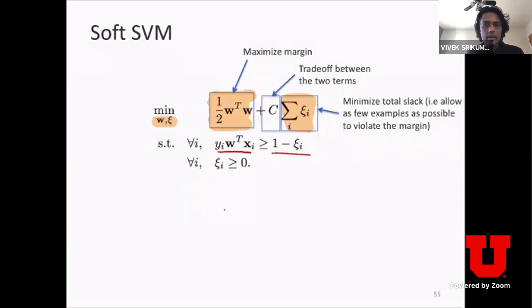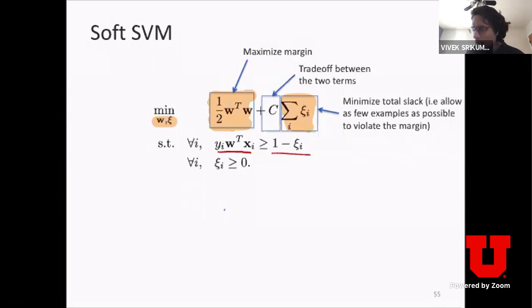Now, this problem is by itself completely well defined, and at this point, you can invent learning algorithms that directly solve this problem. In fact, this was the way in which SVMs were optimized till the late 90s, even mid 2000s.